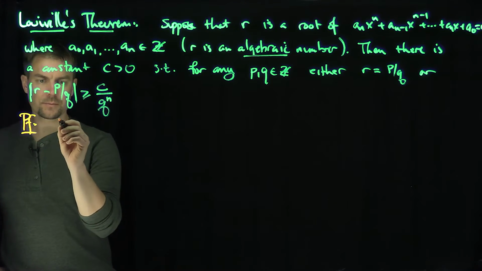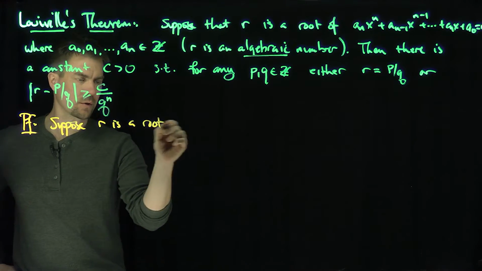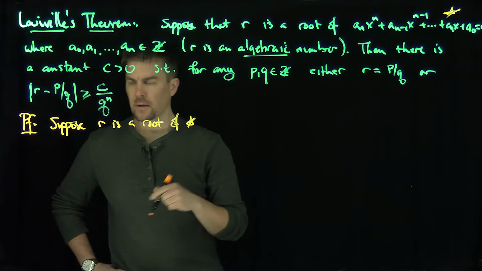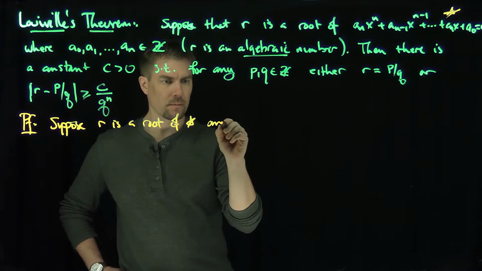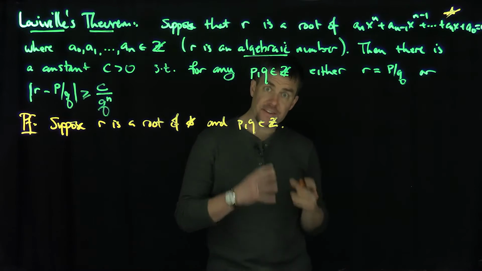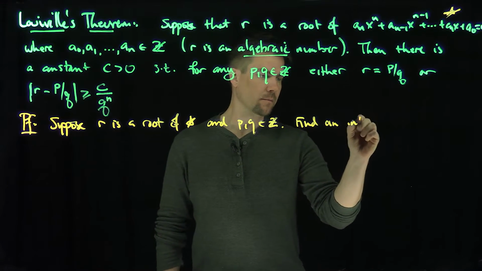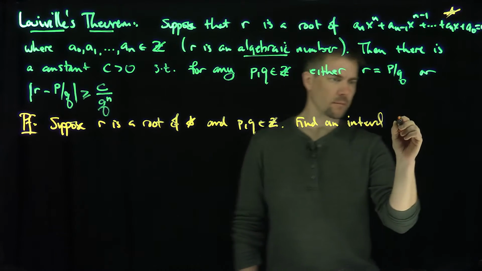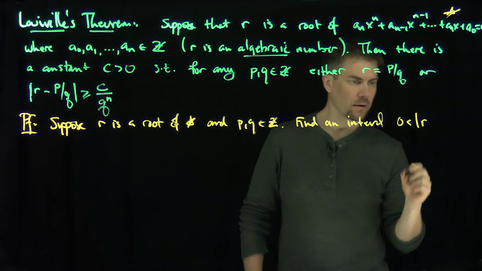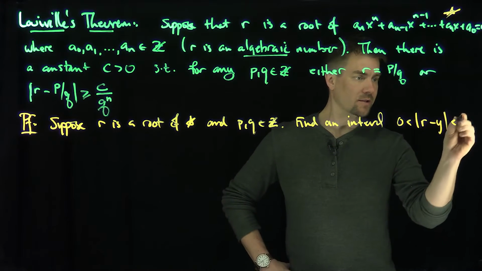So let's suppose r is a root of, let's call this equation over here star, is a root of star, and p and q are in Z. Okay, let's find an interval, 0 less than |r - y| less than delta.